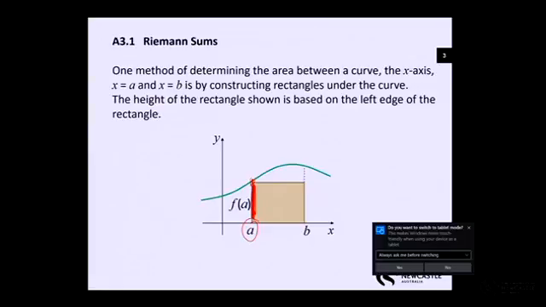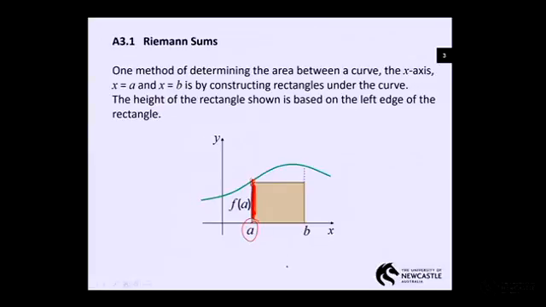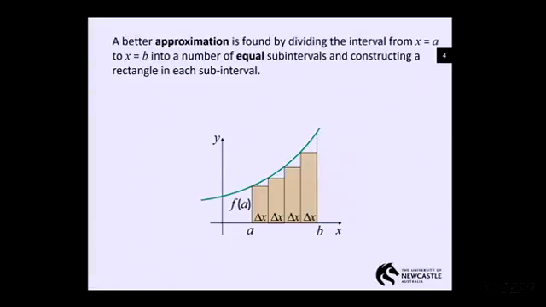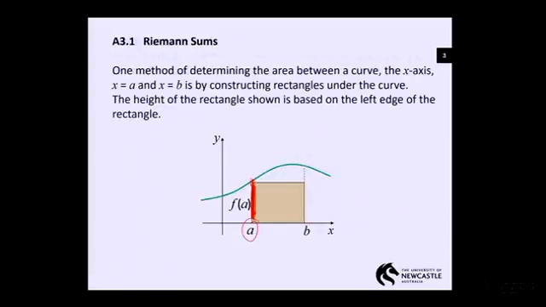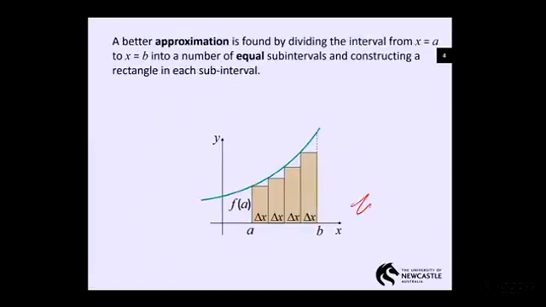rectangle, all right. So this here, f of a, is going to give us the height of our rectangle. So first time round, it says a better approximation is found by dividing that interval. So we had the a and we had the b, but if we took just one rectangle, it really wouldn't be a great approximation.